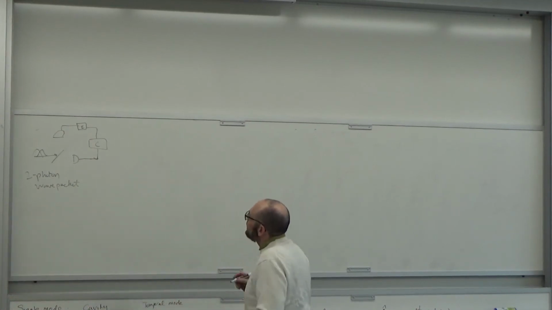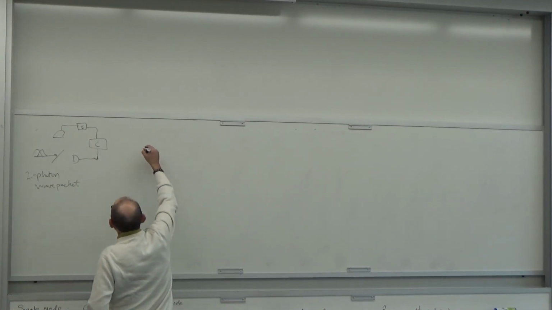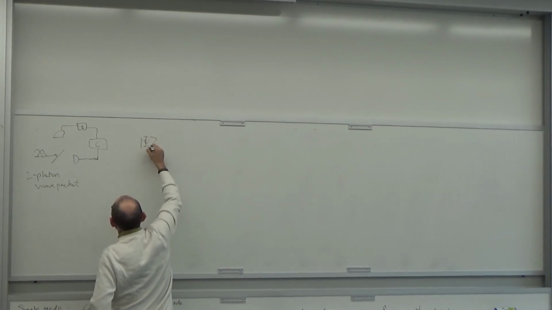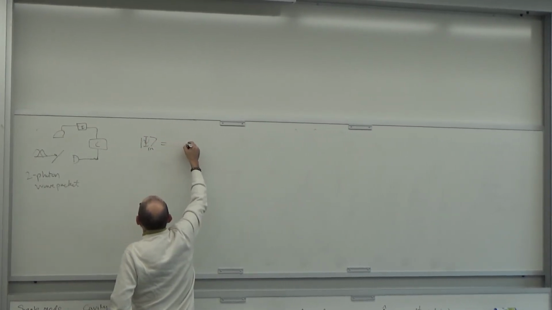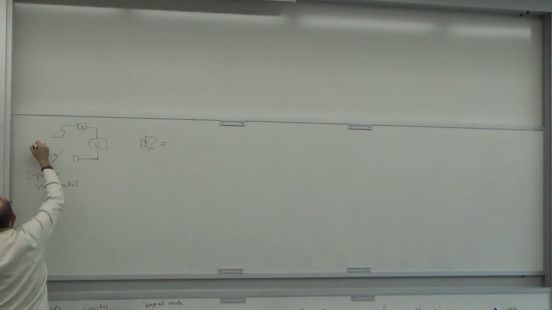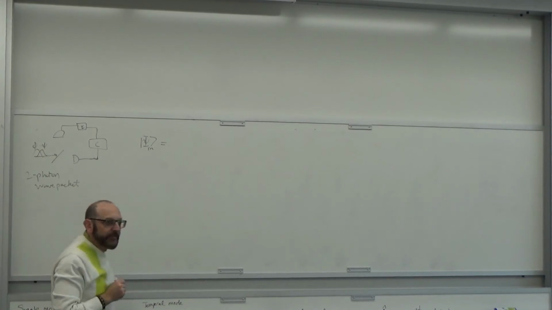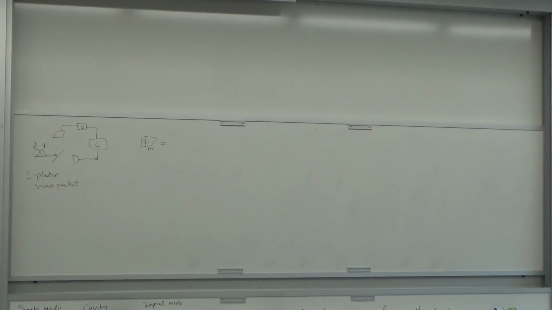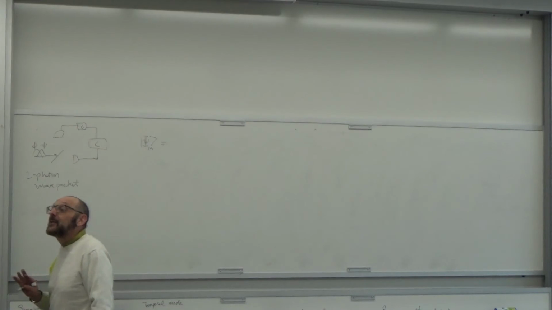So the state that I send into this beam splitter, let's say I have a wave function psi and a wave function phi. One of the photons is in the wave function psi, the other photon is in the wave function phi. Of course, I don't know which photon is which because they're identical particles.